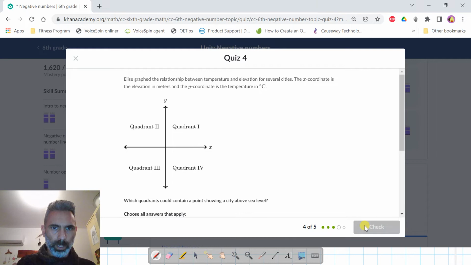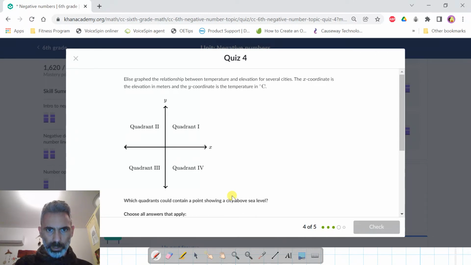Alice graphed the relationship between temperature and elevation for several cities. The x-coordinate is the elevation in meters, and the y-coordinate is the temperature in degrees Celsius. Which quadrant could contain a point showing a city above sea level?